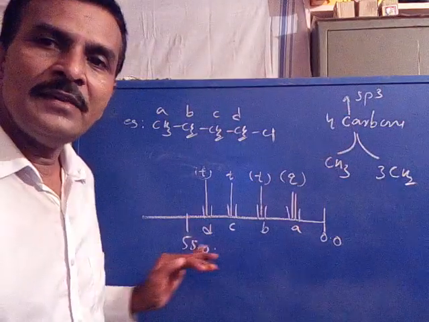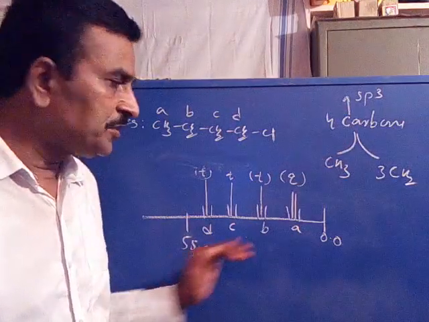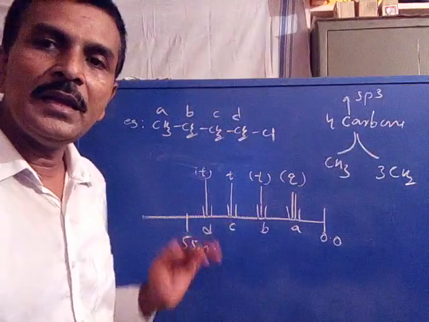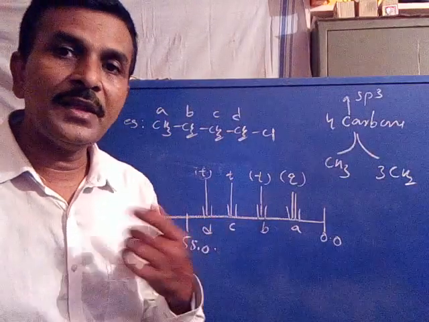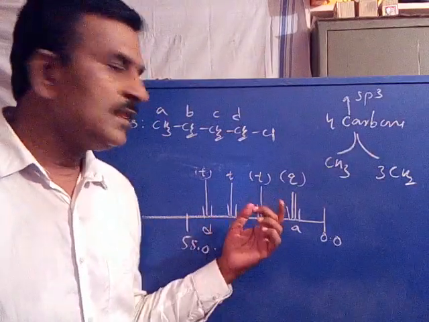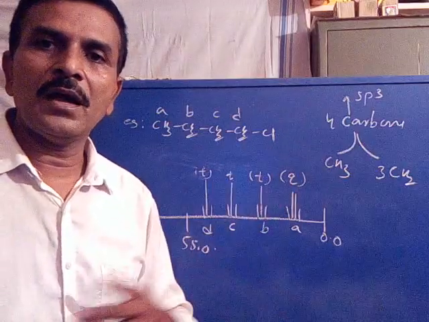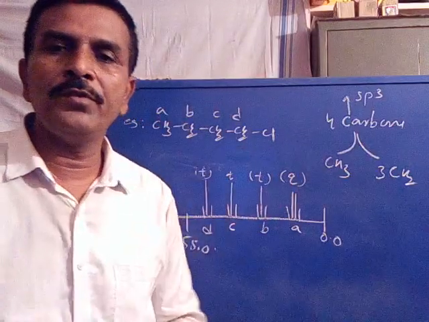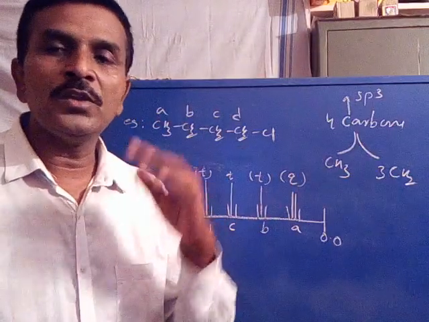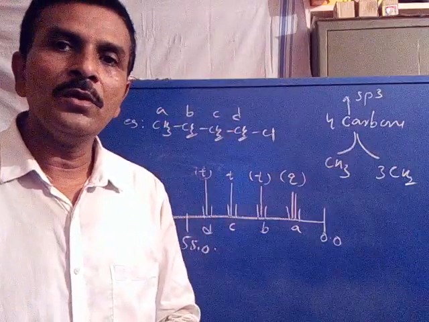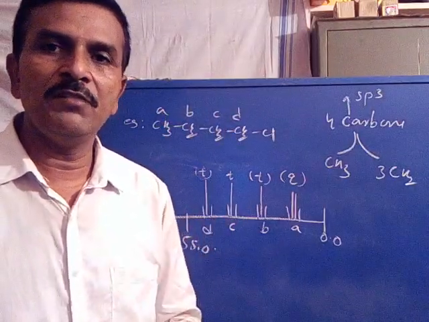And the range in which the carbon signals lie indicates the hybridization of each carbon. So in this case, all carbon signals appear between 0.0 to 55.0 ppm, so all carbons belong to sp3. So this is the third information.